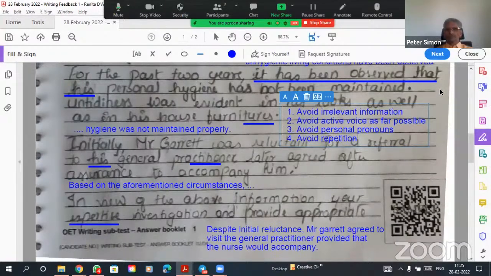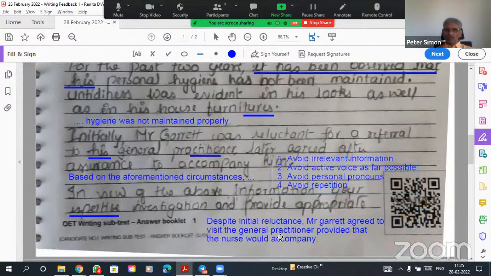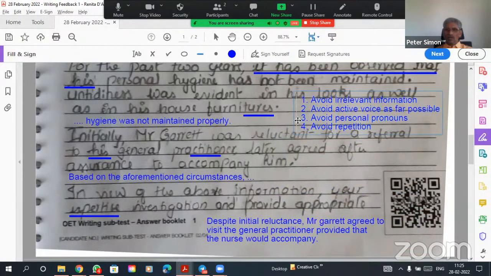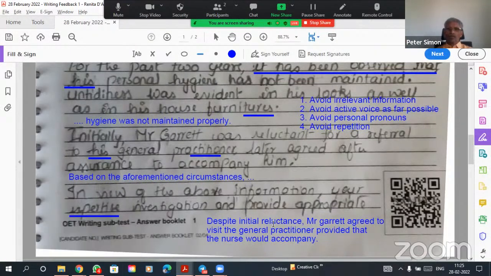Okay. Where to put this? Yeah, manage somehow. Avoid irrelevant information, avoid active voice as far as possible, avoid personal pronouns, and avoid repetition. Okay. Finished.